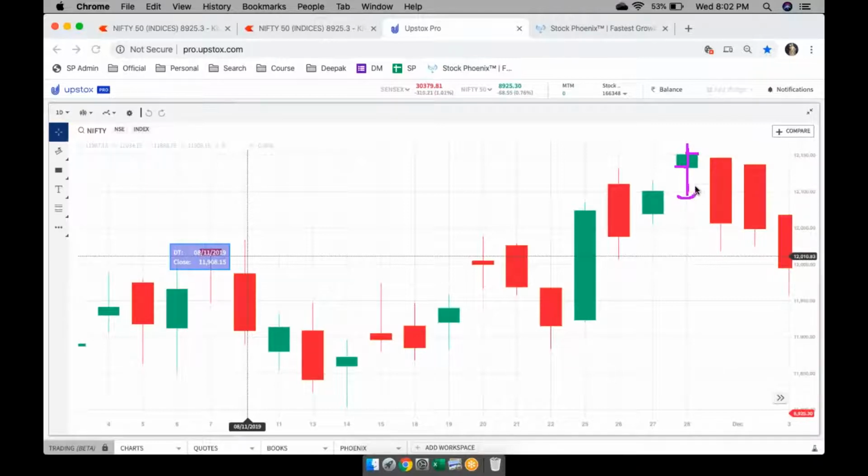Price rejection on bottom. Okay. Again, you can see here, market opened, went down completely, went up completely, and closed here. So price rejection in bottom and also in top. So more price rejection is on bottom. So it is a sign of buying.